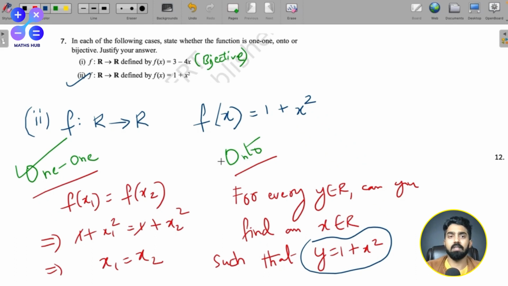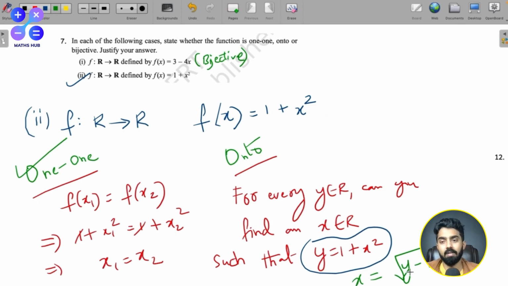Because we have the entire set of real numbers with us, for every y you'll be able to find some x. If you rewrite this, you will be able to get x equals square root of y minus 1, correct? So for every y, will there be an x?